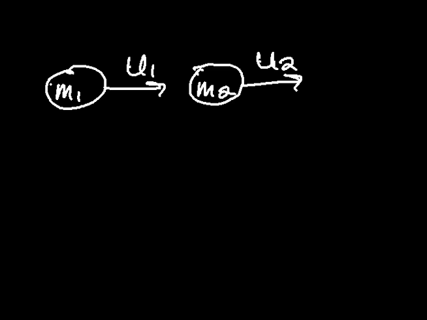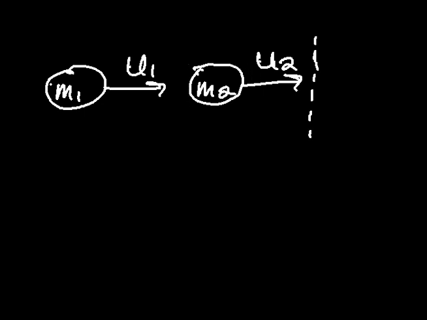Of course, it can also happen that it moves in the opposite direction, based on the nature of the collision. Let's say, assuming that object 1 is moving faster than object 2, upon reaching this point, object 1 collides with object 2.